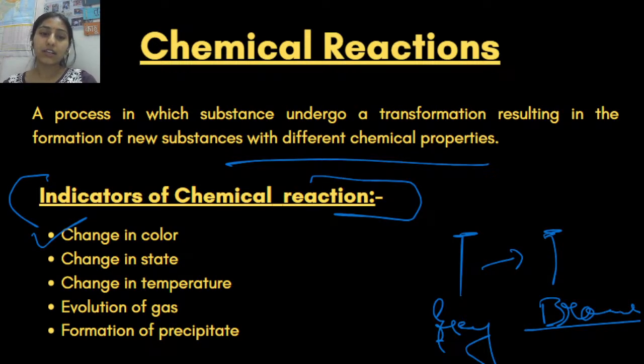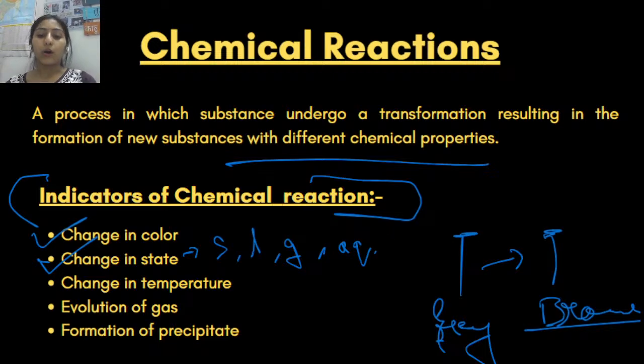Then another thing is change in state. Change in state also signifies chemical reactions because states can be many, like solid, liquid, gas, or aqueous. Aqueous state is basically when we are dissolving a particular substance in water. That particular solution would be regarded as an aqueous solution, right? So we must keep in mind that state can be solid, liquid, gaseous, and aqueous.